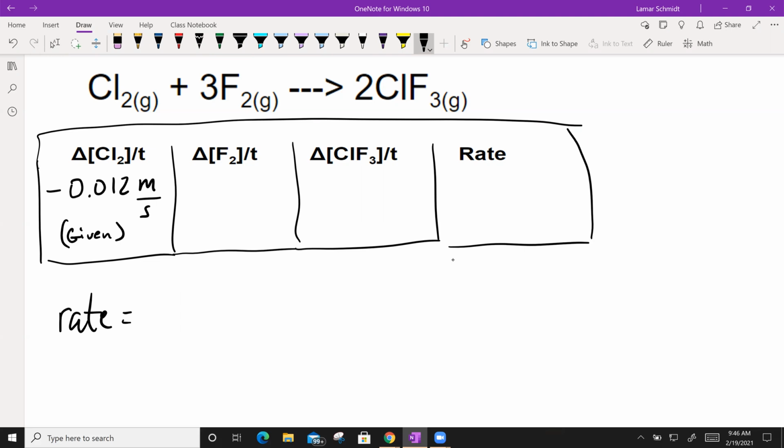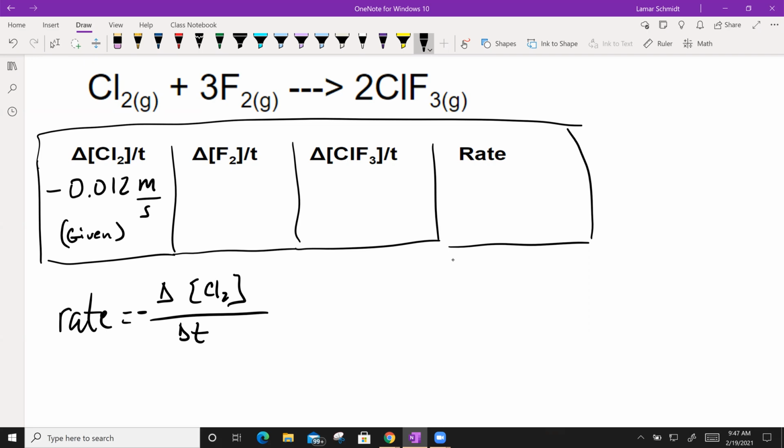And we'll see that as we move forward. So if we write the rate expression, we're going to say rate is equal to the change in concentration of Cl2 with regard to the change in time. And notice I must now put a negative sign here because Cl2 is a reactant.